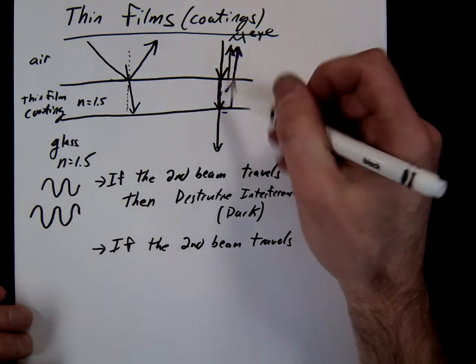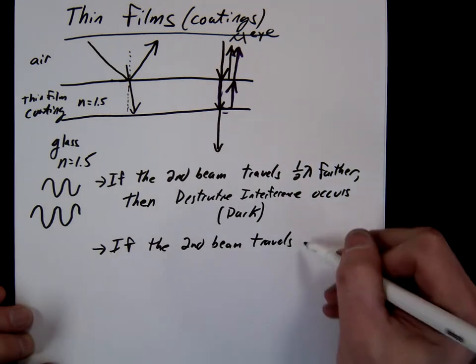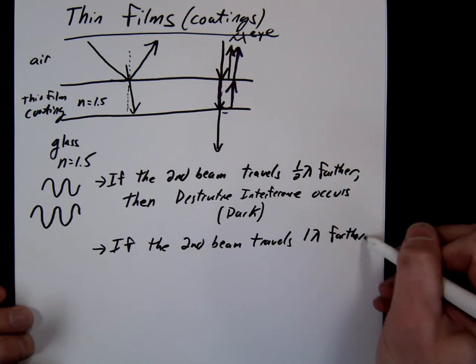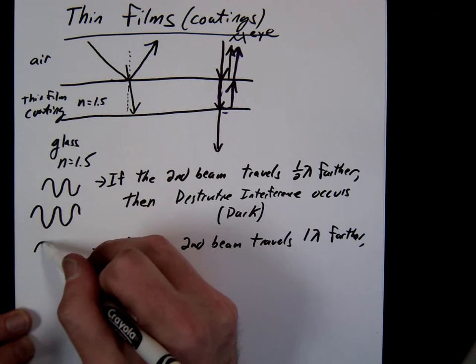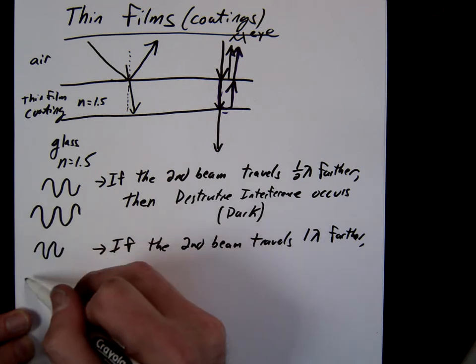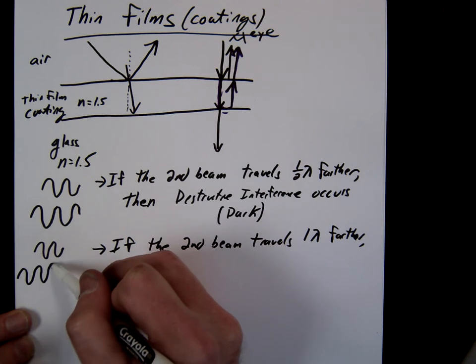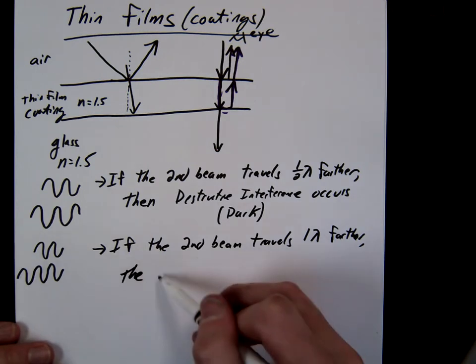The purple one has to go farther. One full wavelength. Okay, so in other words, the first beam travels like this, the second beam travels a whole wavelength farther. What happens when it gets together? Constructive interference.